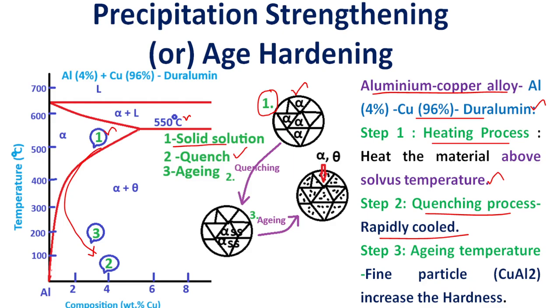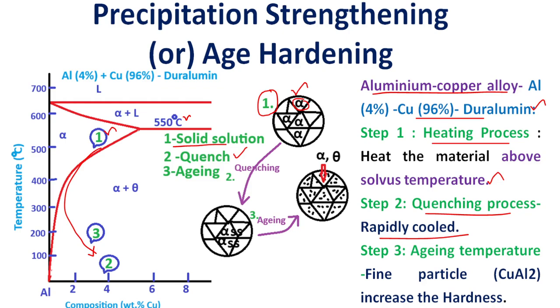At that process the alpha phase of the material is converted to a supersaturated solid solution. Alpha is a homogeneous mixture, so heat the material up to the homogeneous mixture, then quench. The alpha phase is converted to alpha SSS, a supersaturated solid solution.